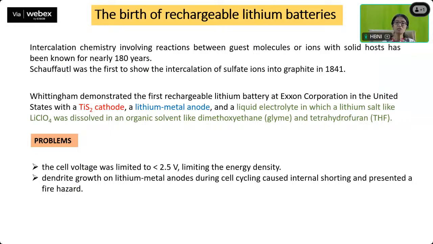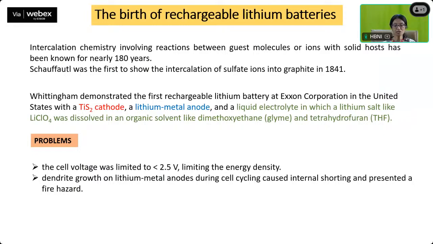For these rechargeable lithium batteries, if you remember from the last class, one of the biggest problems was with the lithium anode. As long as the lithium anode was there, the biggest problem was the formation of dendrites or whiskers. If dendrites form while the lithium ions move between the cathode and the anode, there is a chance of a short circuit.